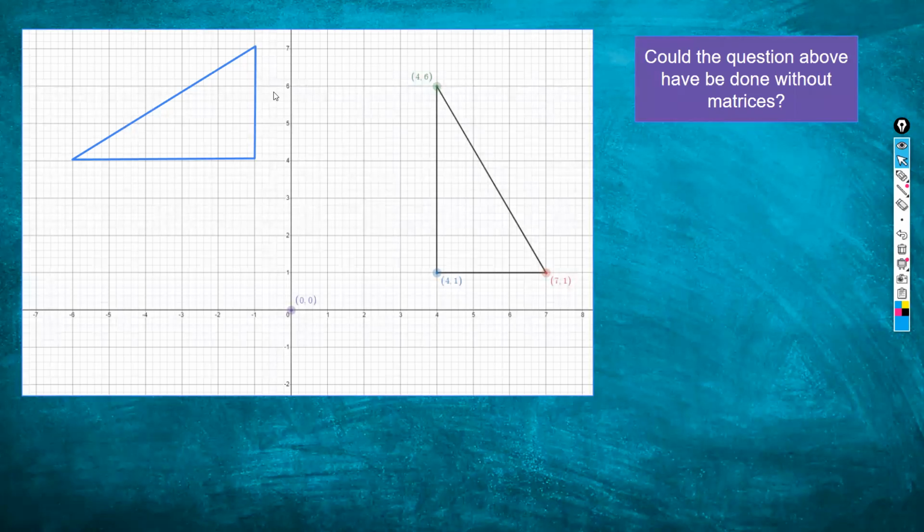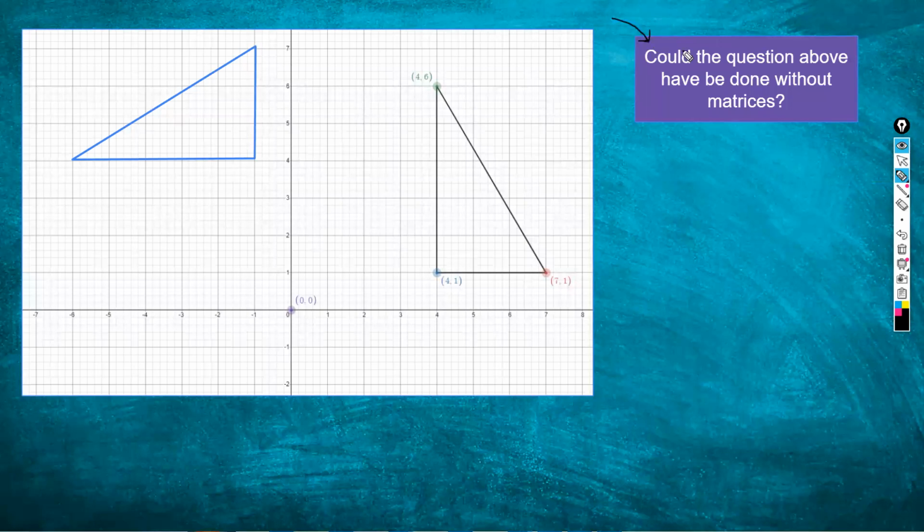The next one here is something we just discussed. You don't have to draw this. Remember we just did this question, where we were asked to rotate this triangle by 90 degrees, and this was the answer we got over here. So what I'm putting forward to you is, could this question have been done without matrices?